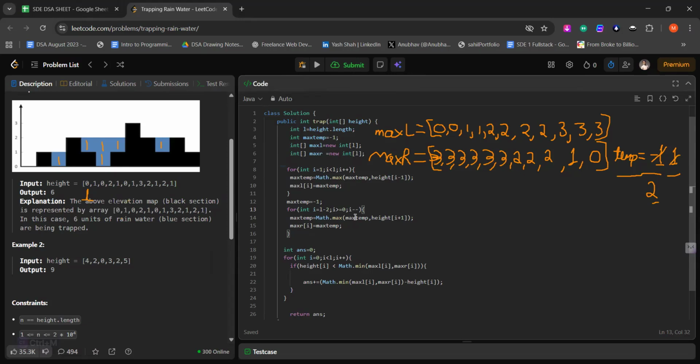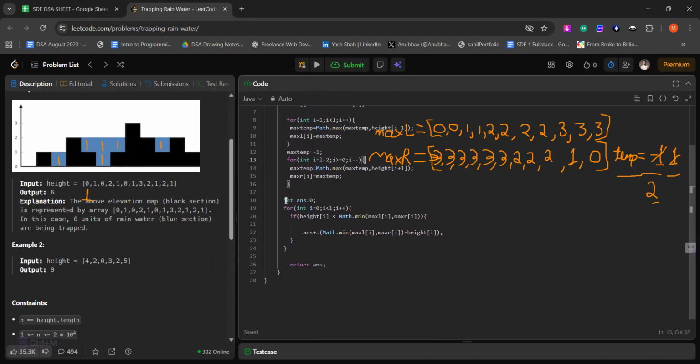Since initially the last element was 0, because I did nothing with that in the max R, therefore it got updated to the maximum of the right side, right? And not -1. So simply I kept decreasing this I minus minus until it became equal to 0 and updated that with max of the temp. So nothing new, similar approach, right?